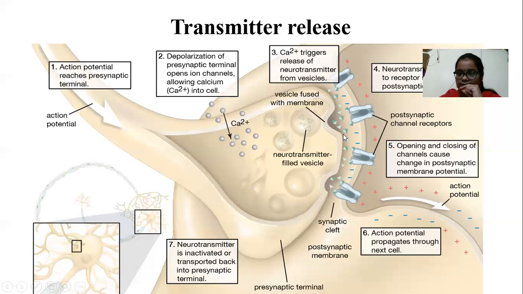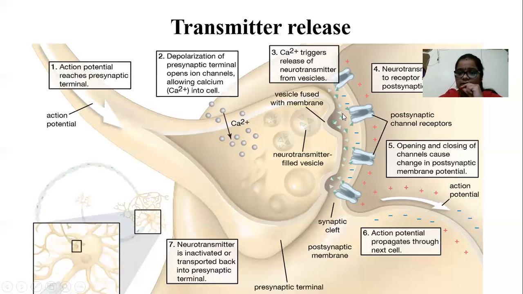Then what will happen? The neurotransmitter binds with the postsynaptic neuron. The postsynaptic neuron has receptors, and the neurotransmitter binds with these receptors.